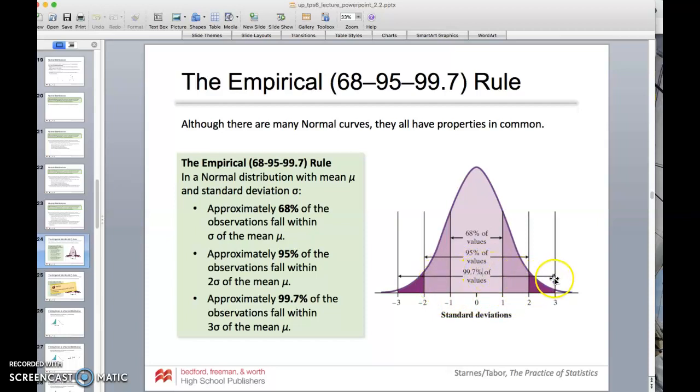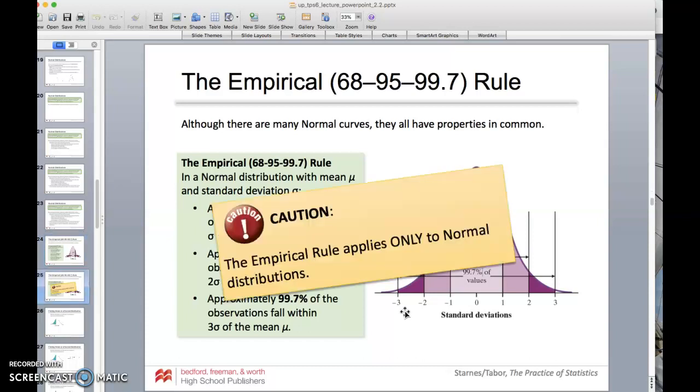And then if you get out to 3 standard deviations away from the mean, that's almost all, 99.7% of your data. Very rarely are you ever outside of 3 standard deviations. We'll talk about how to use that to determine outliers, those types of things down the road. But just remember that empirical rule. It's referred to as the 68, 95, 99.7 rule. Okay, so remember, the empirical rule only applies if it's a normal distribution.